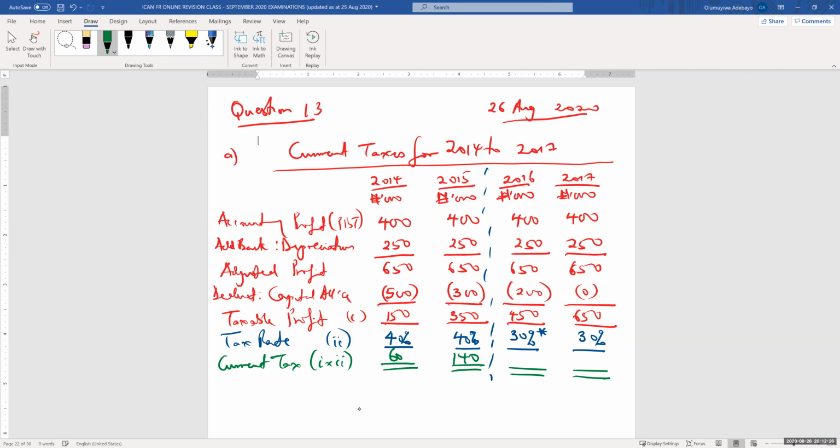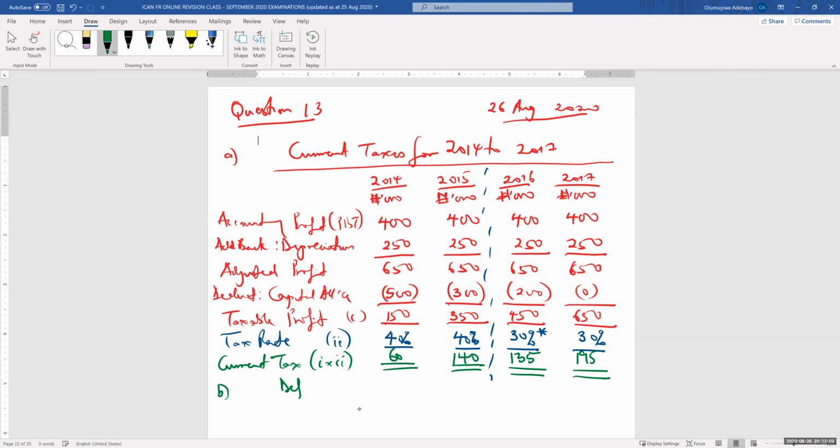Year 3? 180. That's wrong. Oh, 135, sorry, it's 0.3. 135. Remember that the tax rate has changed. Please let us be careful. And the fourth year, 195. Okay, as simple as ABC.